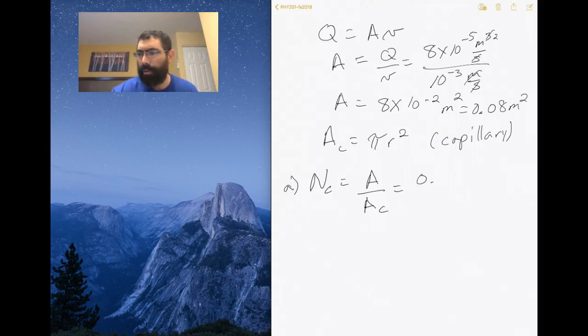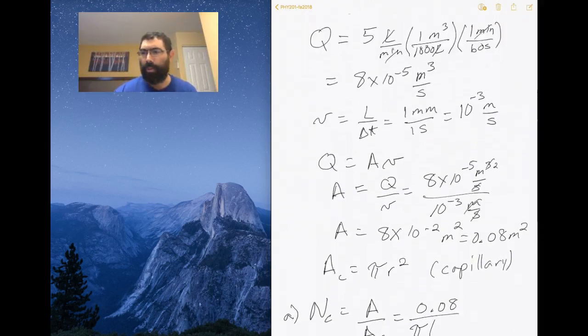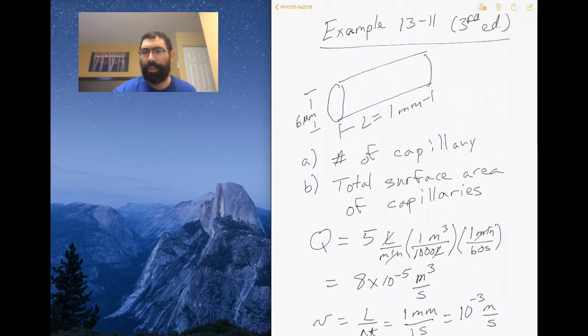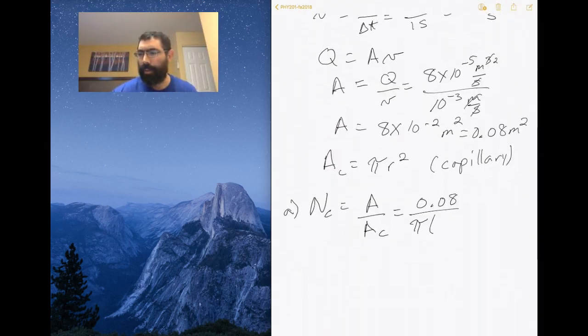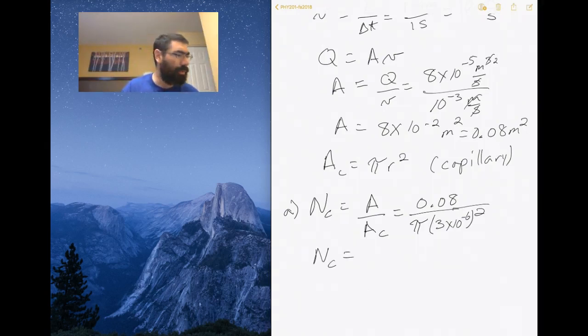So we have 0.08 meters squared divided by pi times the radius squared. We said the diameter of a capillary is 6 micrometers, so the radius is 3 times 10 to the minus 6 meters, and we have to square it. Therefore, the number of capillaries turns out to be 3 times 10 to the 9 capillaries.